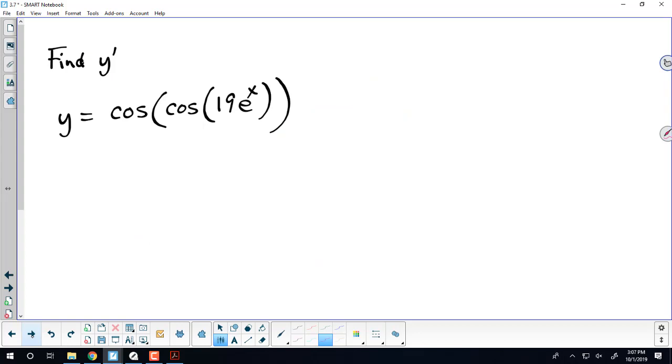So, cosine of 19 e to the x. What is the outer function here? Cosine of u. That cosine is the outside function. So we take the derivative of the outside, which is negative sine, and then we leave the inside alone.